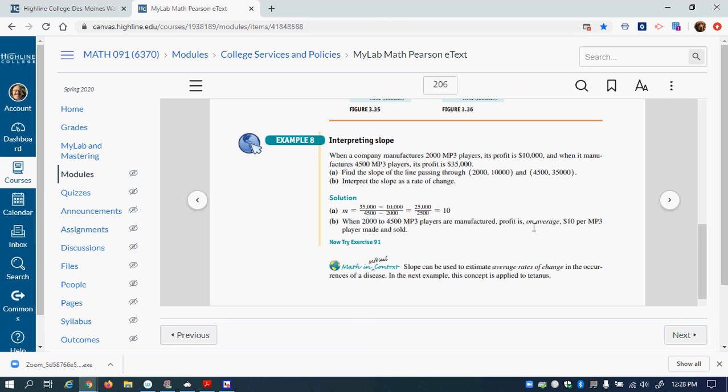So he's basically making $10 profit per one player. That's how it's broken down. So this is just a nice example of how that's done and how we use it in the real world.